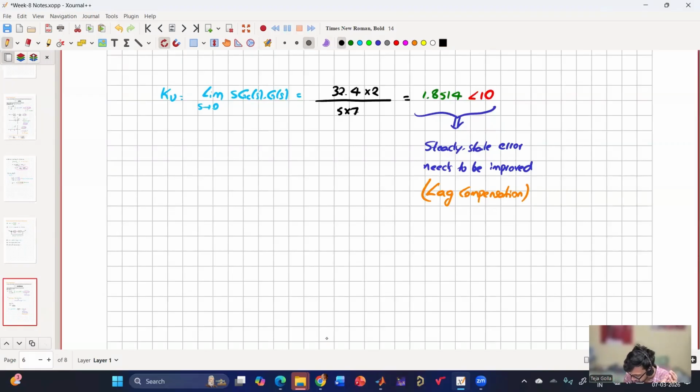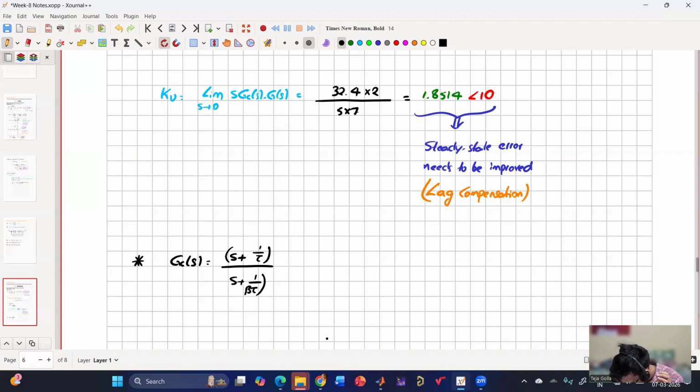Okay. Coming to this lag compensation, what is the transfer function? Gc of s is s plus 1 by tau by s plus 1 by beta tau.